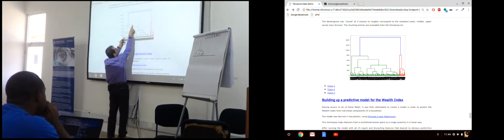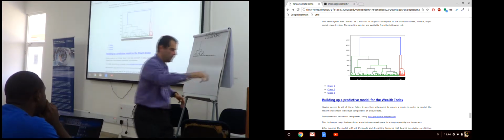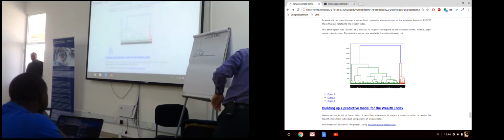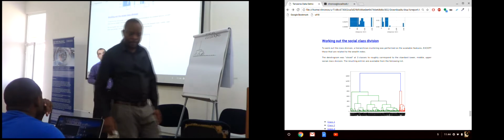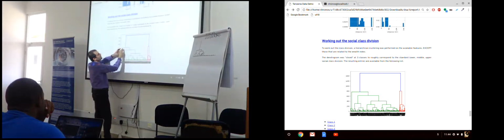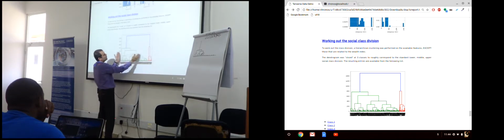See, that branch. This is the whole data set. It is broken into 2, and then this cluster is broken into further 2.